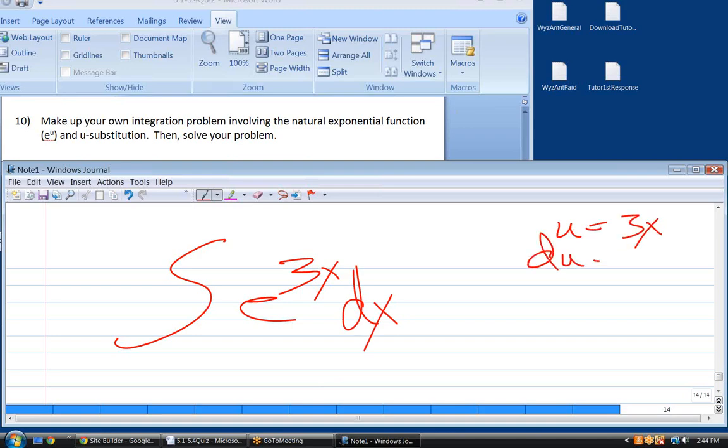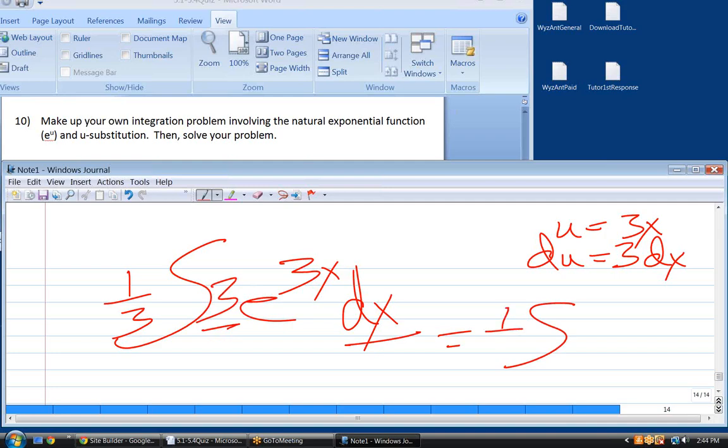So du is equal to 3dx. So if I multiply this by 1/3 and multiply it by 3, there's my 3dx. So now this whole thing is equal to 1/3 of 3 e to the u, which equals e to the u, or e to the 3x.